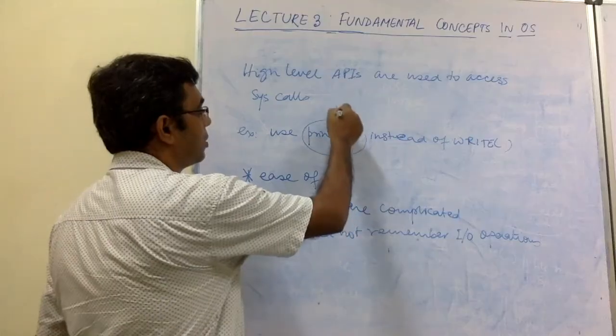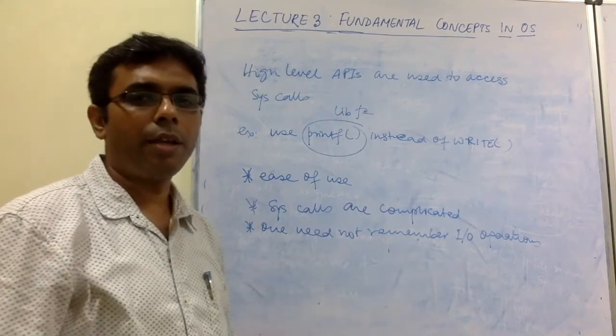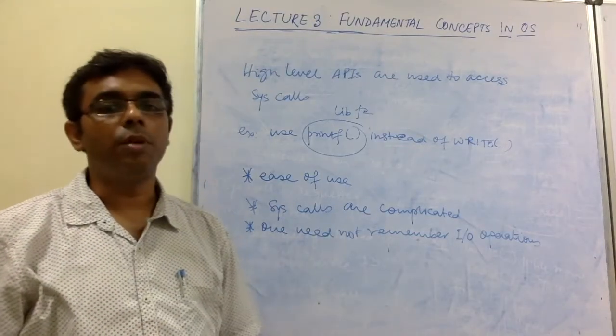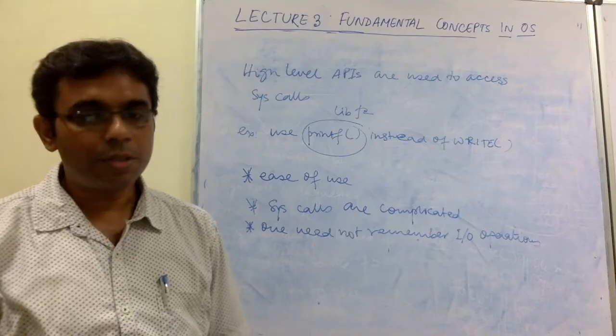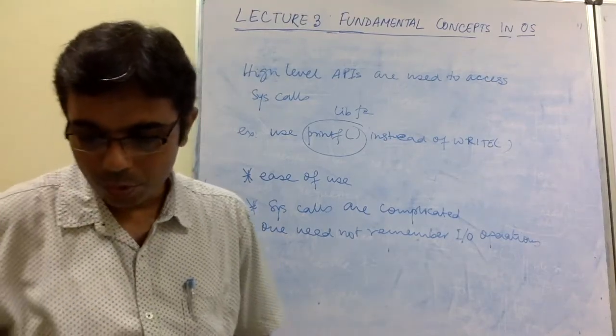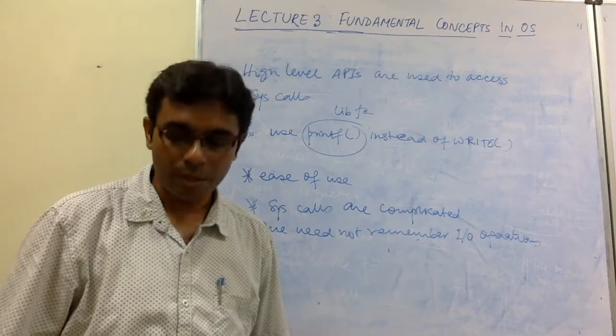This is a library function which doesn't need any information or any idea about the input-output. So that is the reason why people usually prefer APIs rather than system calls, or library functions rather than system calls.